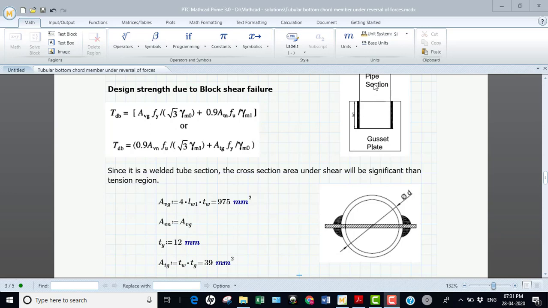Since the pipe is pulling out from the gusset plate, this length, about the 4 lengths, the pipe cross section with respect to the gusset is under shear. And at this end, the fillet has to be returned at this particular point. So at this junction, it is under tension.